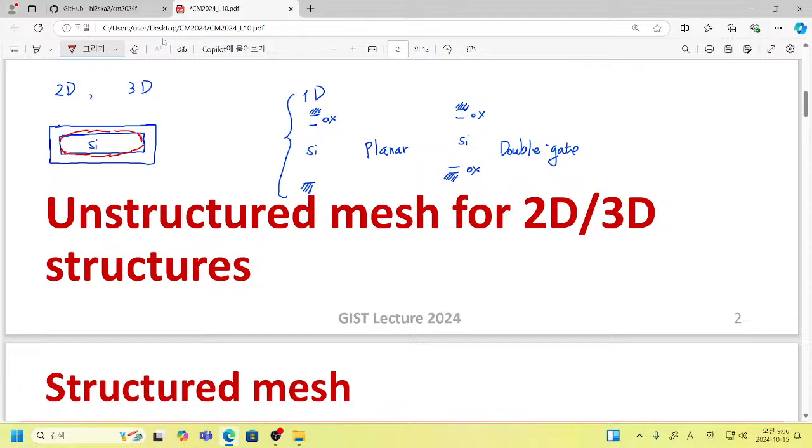Of course, depending on this shape, a difference in device performance will occur. It can be not 10% to 20%, but sometimes just a single-digit percent. But in semiconductor device technology, a 1% difference is quite a big deal to us.